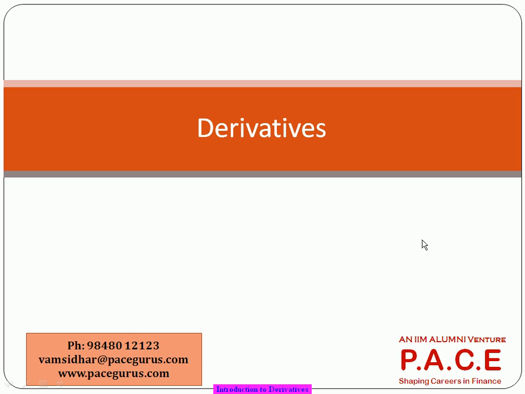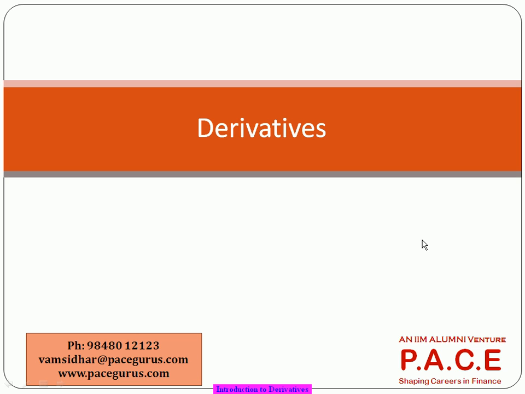The scenario is very clear: the date on which you are going to get into a buy-sell transaction is known in advance, and the price is also decided today itself.